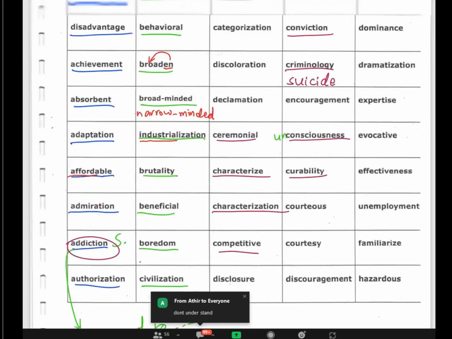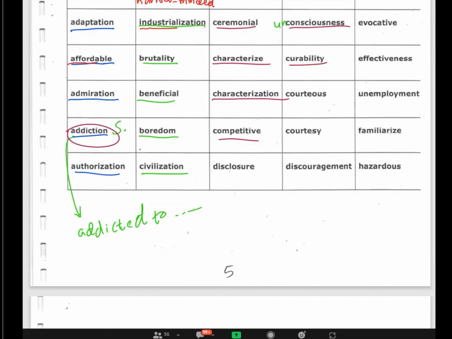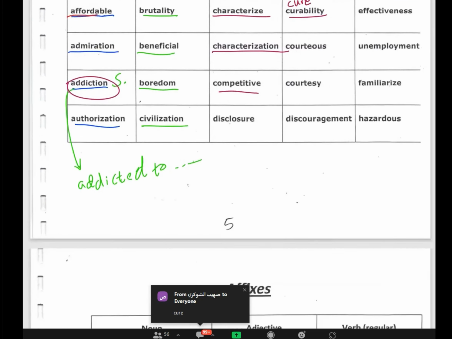Curability is related to cure. Related to cure. Very good.